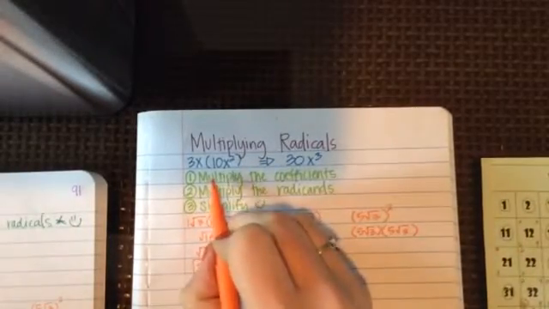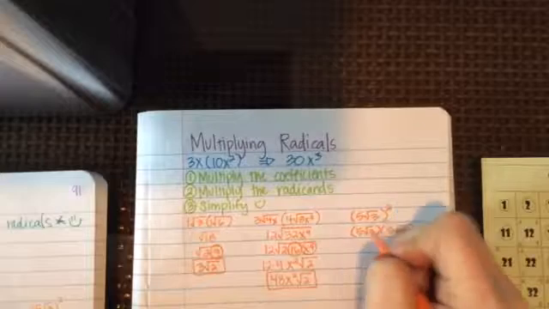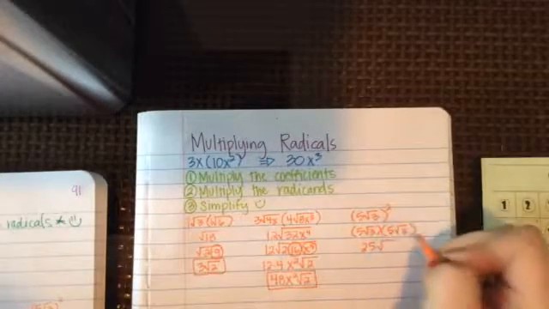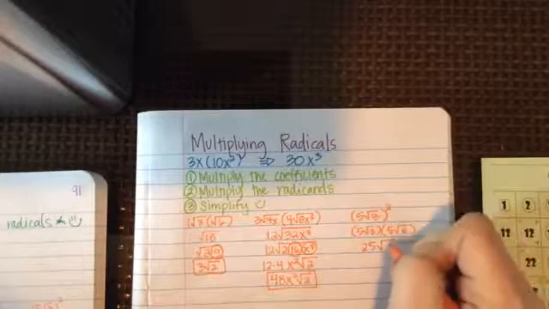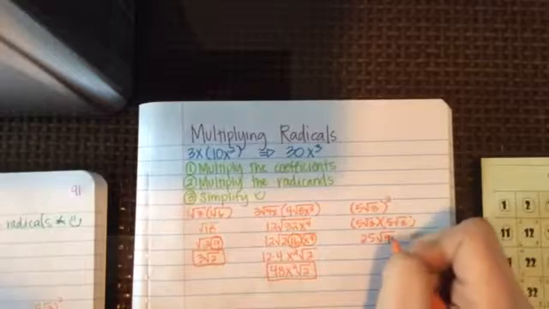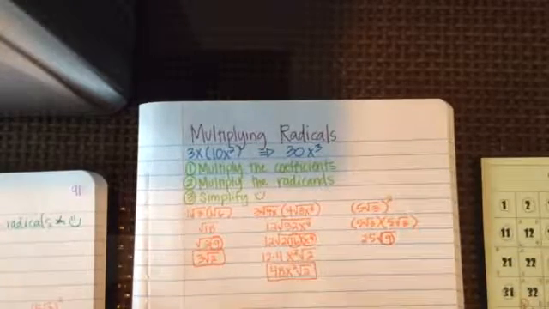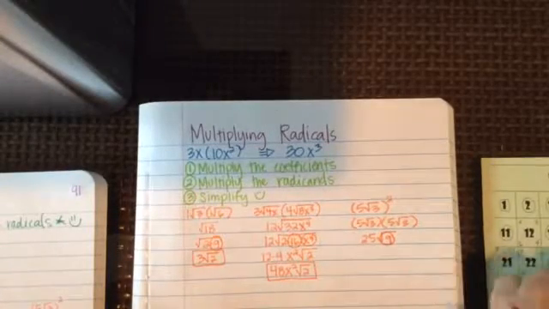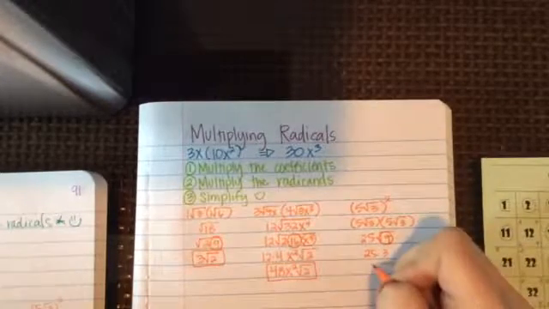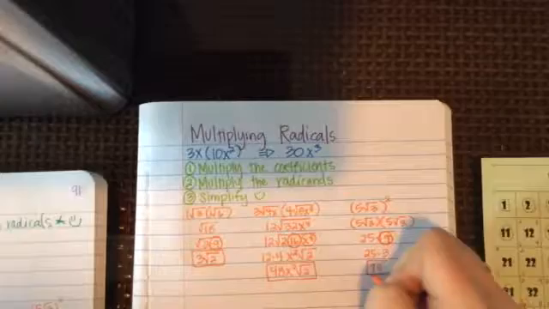So again, we follow the rules: multiply the coefficients, so 5 times 5 is 25. Radical 3 times 3 is radical 9. Oh, radical 9 works. I don't even have to go to my factor squares. It's a perfect square. So that's really 25 times 3, which is 75.